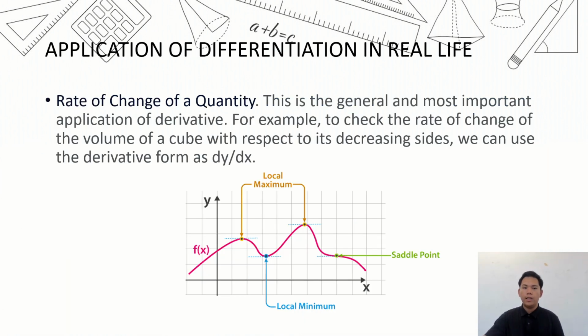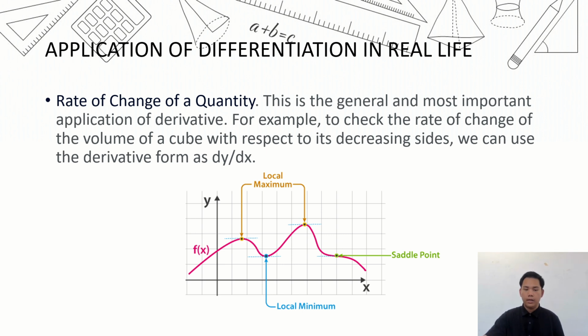The next one is the application of differentiation in real life. Rate of change of a quantity. This is the general and most important application of derivative. For example, to check the rate of change of the volume of a cube with respect to its decreasing size, we can use the derivative form as dy per dx.